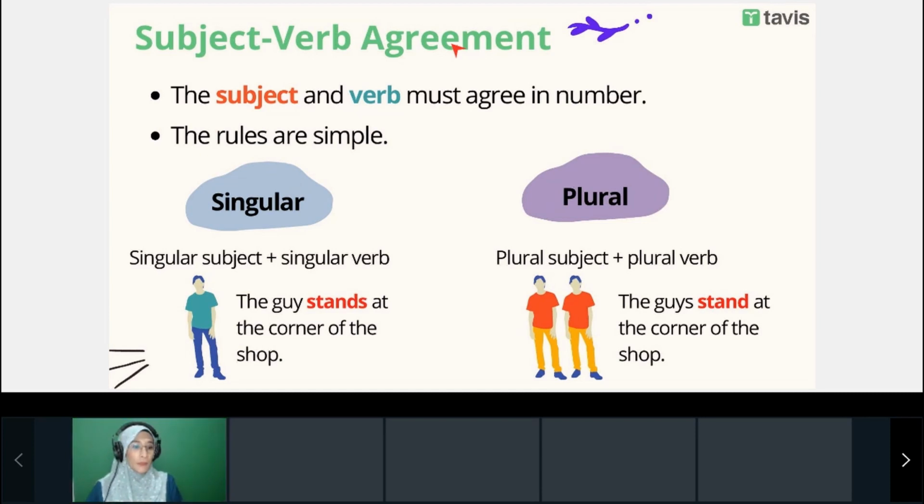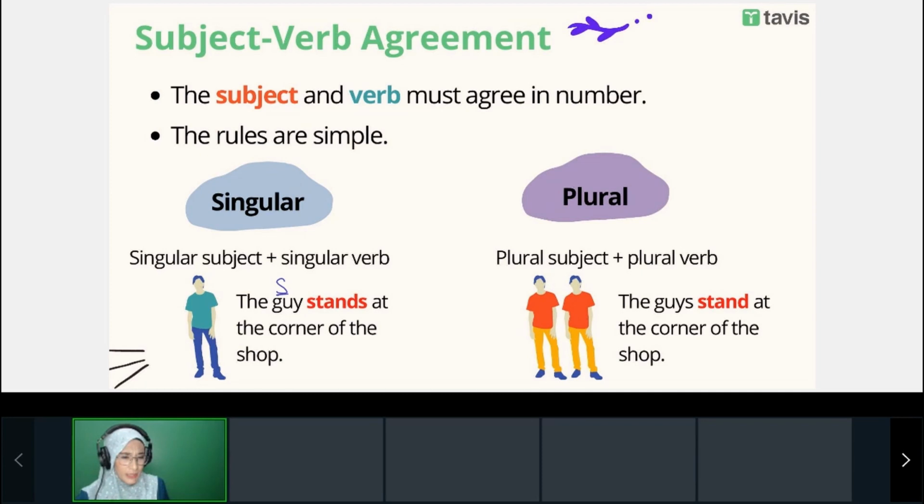Singular, okay? Let me just draw that here. So the guy, this is singular. Satu, even in Malay, satu, seorang. In English, we call it singular. So you just write here singular subject. And it must match with a singular verb.